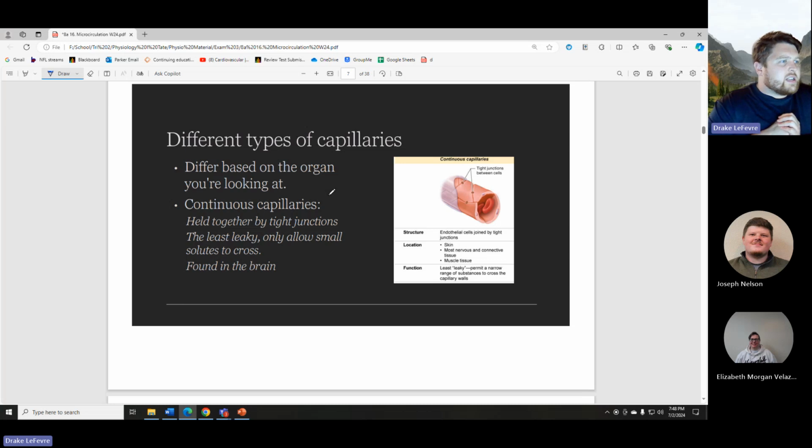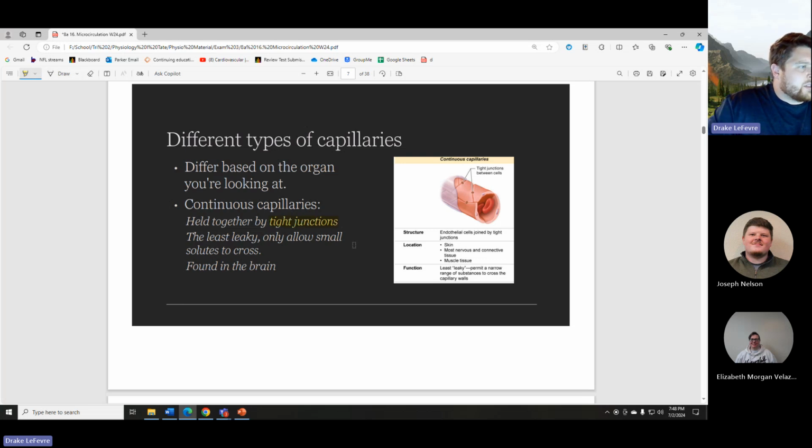So the different types of capillaries depend on what tissue they're going to and what kind of stuff they need to drop off in that area. So these are our continuous capillaries. These have really tight junctions. They're not leaky.